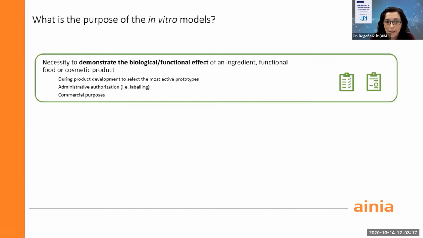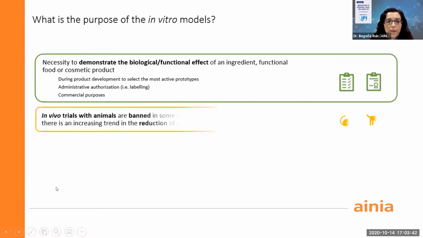This can happen at several times, for example, during the product development to select the most active prototypes that we are developing, or during an administrative authorization process, for instance, to justify the claims in the labeling, or for commercial purposes, to fill a dossier to sell the product to a customer.